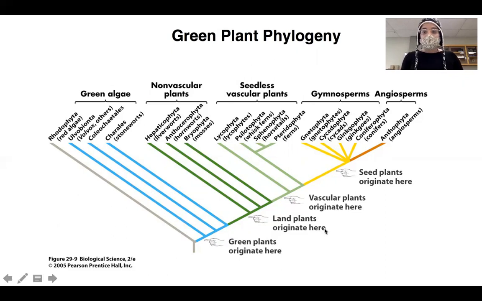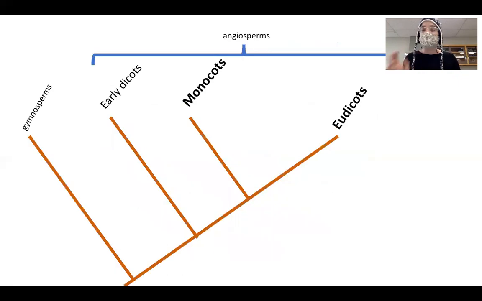One other thing to note is that in today's lab, we are specifically only talking about our angiosperms, and we're going to be looking at differences between two different groups in angiosperms. The two groups are our dicots and our monocots.